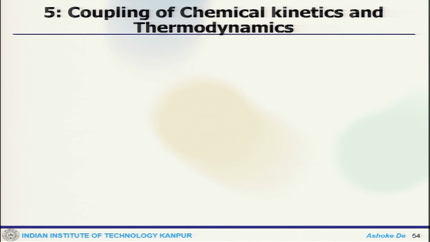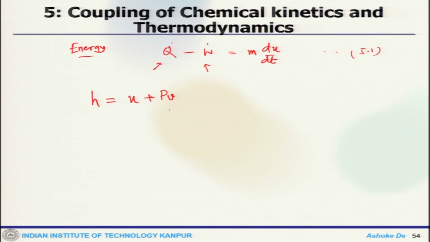Now, the conservation of energy for fixed mass system, if we look at the energy conservation equation, which will give you q dot minus w dot equals m du by dt. Now, q dot is the heat transfer, w dot is the work done. Now, we use the definition of enthalpy, H equals U plus P V, and differentiating will give us du by dt equals dH by dt minus P dV by dt.